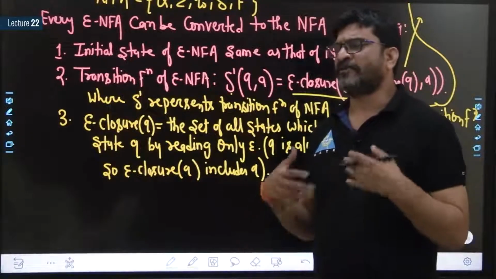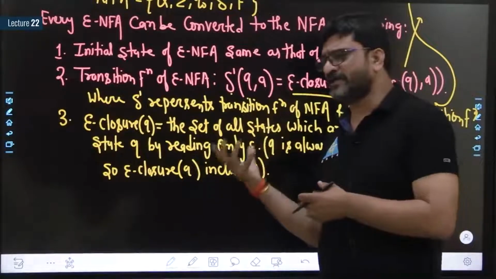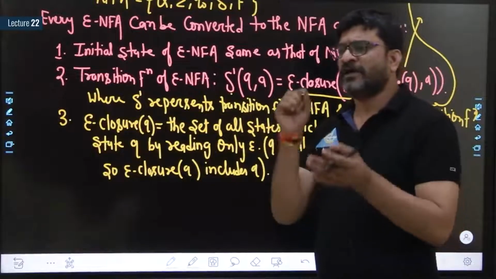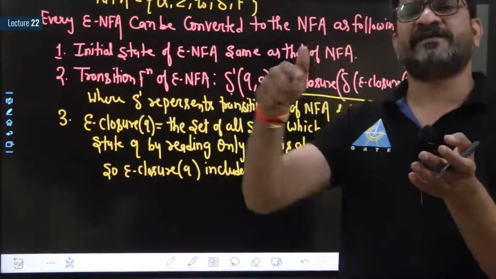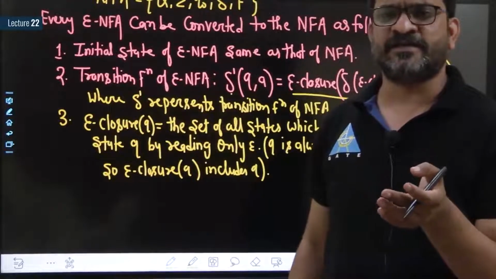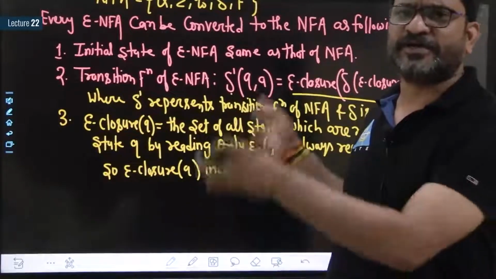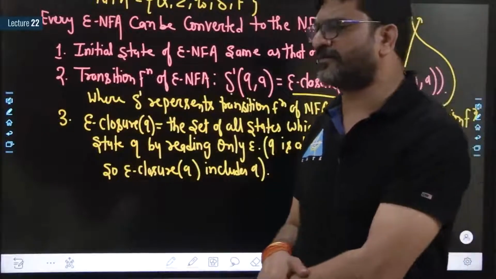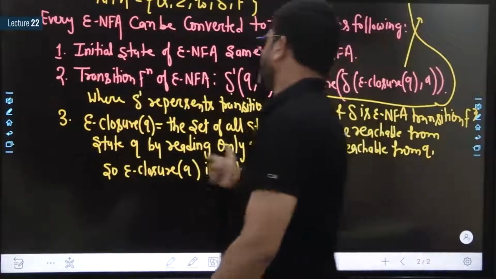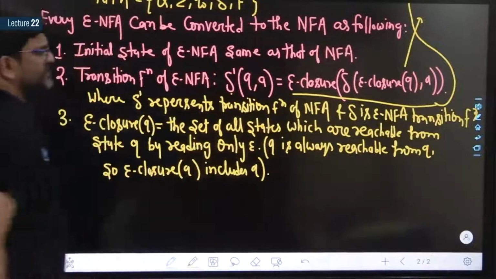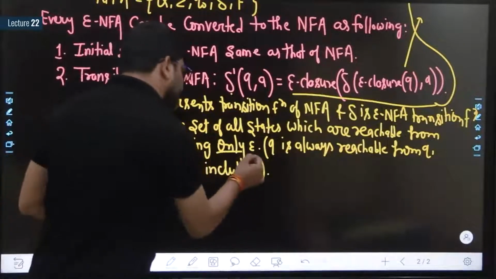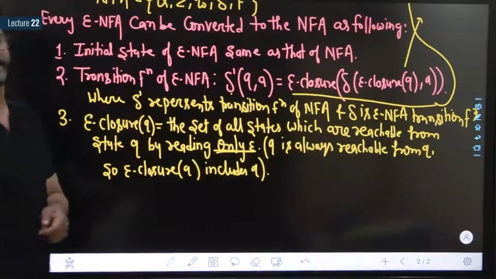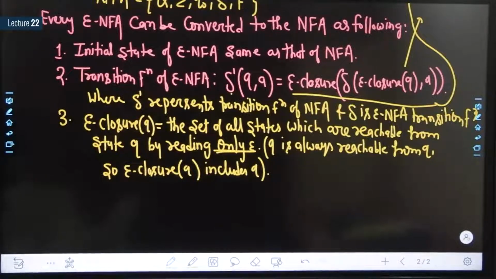And what are the other states involved? By reading epsilon from Q, we can reach other states, and those states are also included in the epsilon closure of Q. Clear? The set of all states reachable from state Q by reading only epsilon.